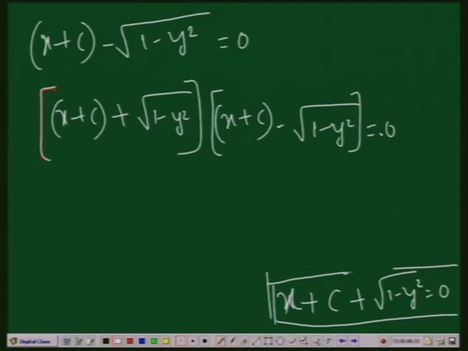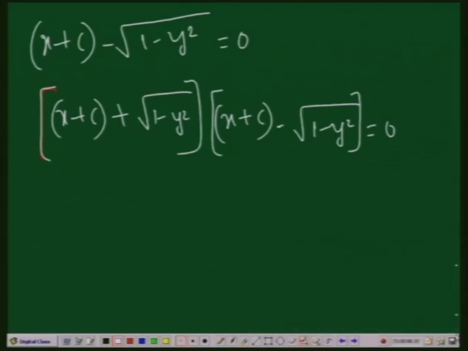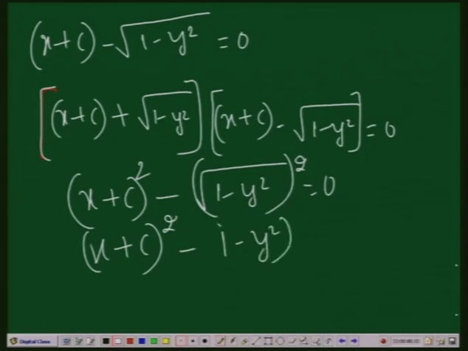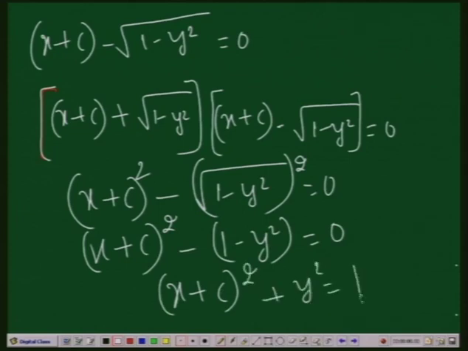This is like a plus b into a minus b, which is nothing but a square minus b square: x plus c whole square minus root of 1 minus y square the whole square equals to 0, which is x plus c whole square minus 1 minus y square equals to 0. You just simplify this, it is x plus c whole square plus y square equals to 1.